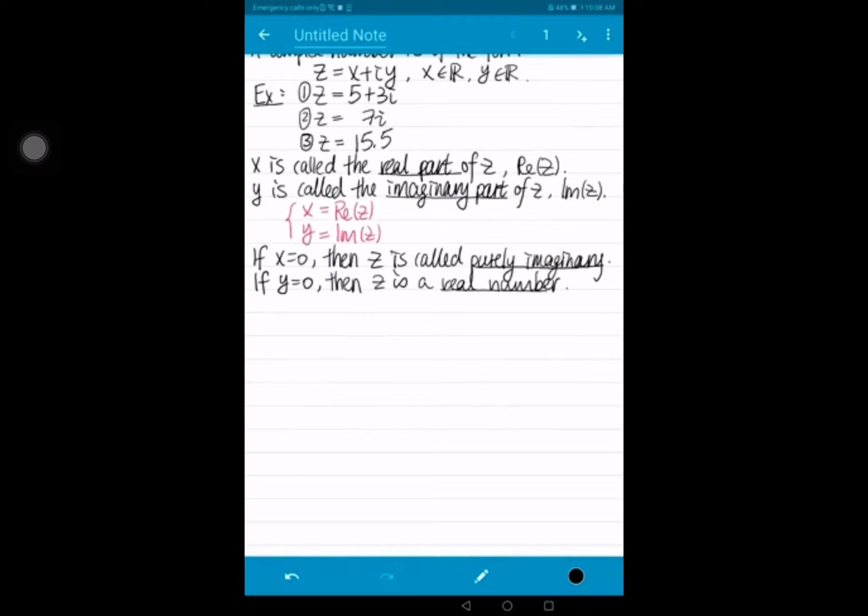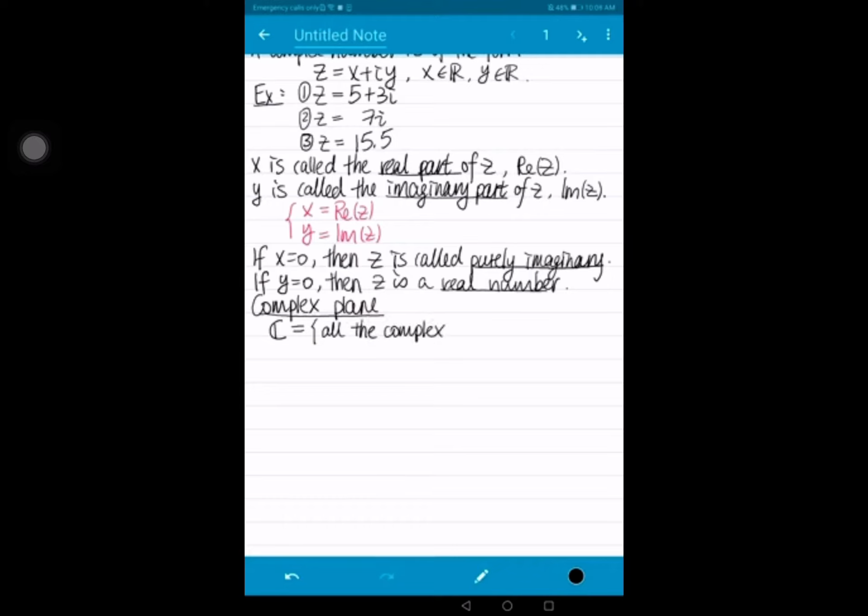Now we want to consider the collection of complex numbers, and this is called the complex plane. So what is the complex plane? I will denote by C, this letter C, the collection of all the complex numbers.